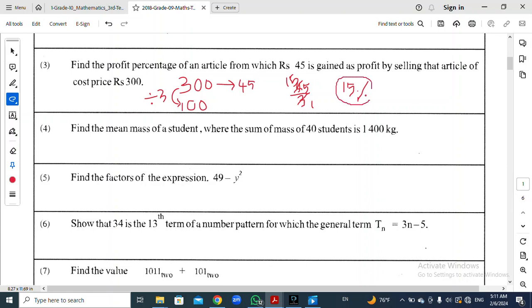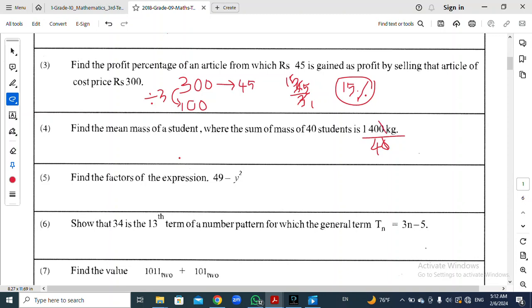Okay, 15 percentage. Find the mean mass of a student where the sum of the mass of 40 students is 1400 kg. Okay, 1400 kg, that's the total mass of students, and there are 40 students. So the formula for getting the mean is total weight by total number. So we can easily cut down a 0 and a 0.